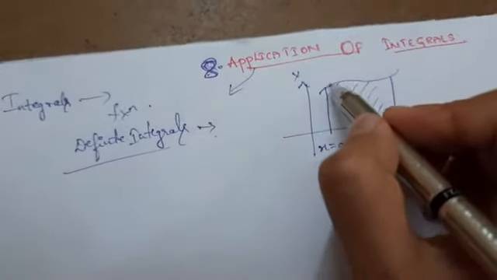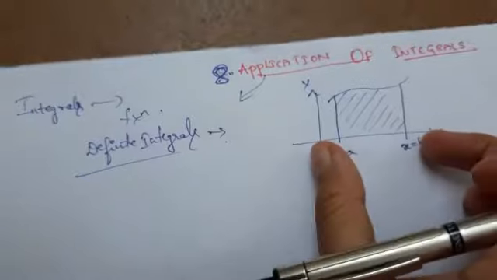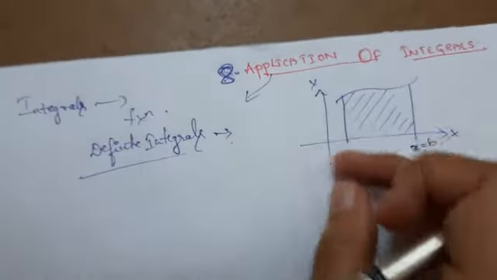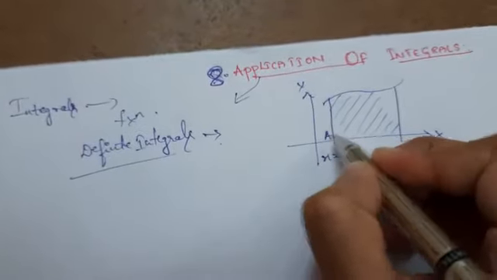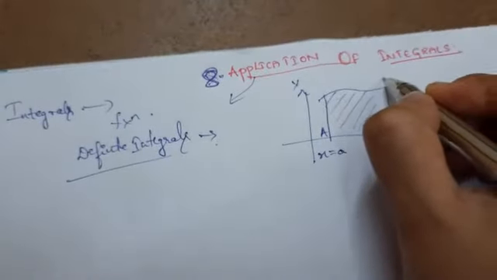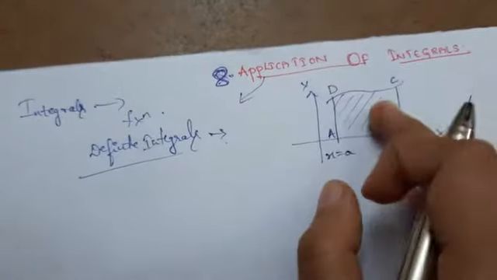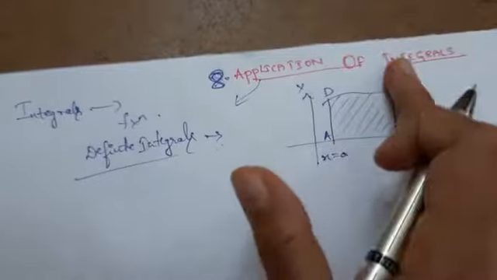We don't know the formula to find the area of such a region. If I call this ABCD, we don't know which formula to apply to find the area of this ABCD.